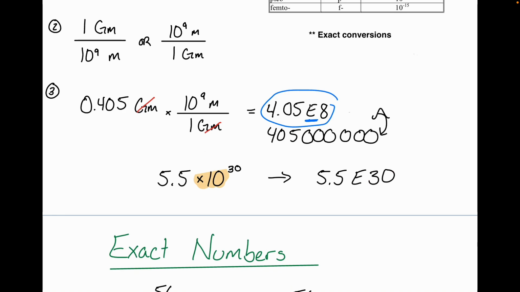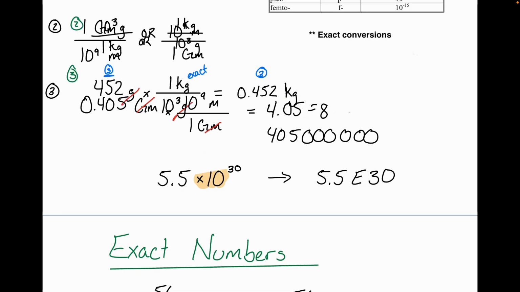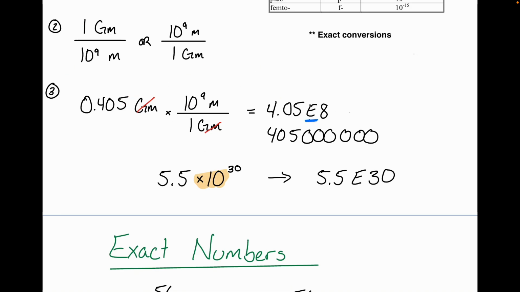So again, depending on your calculator for this particular unit conversion problem, you may have seen either of these two. These are equivalent, just the same number represented in standard notation or scientific notation. Okay? All right, so that was just a little aside about our calculators and scientific notation.